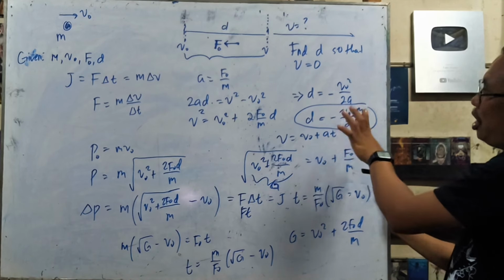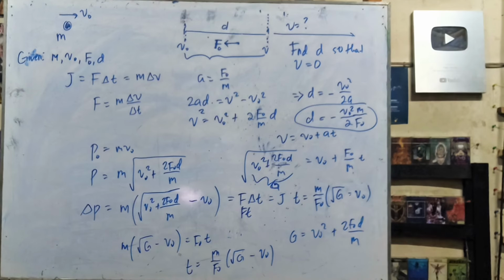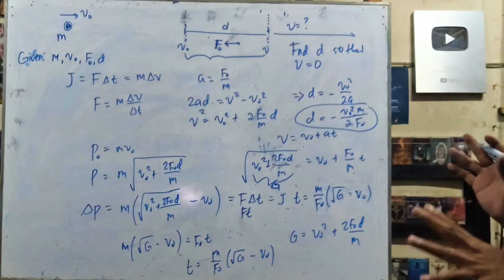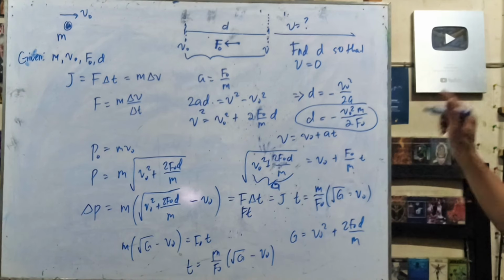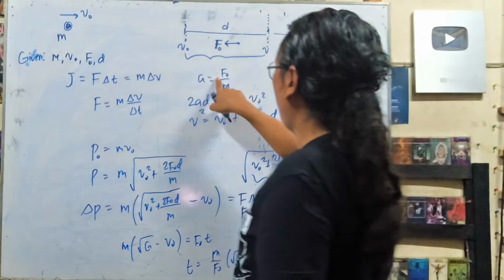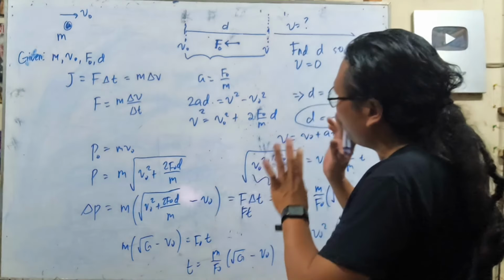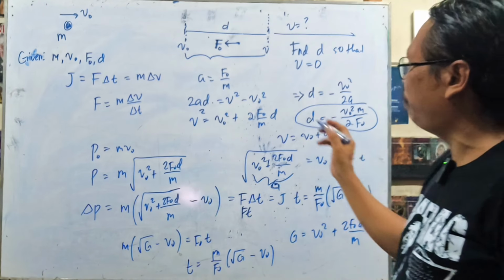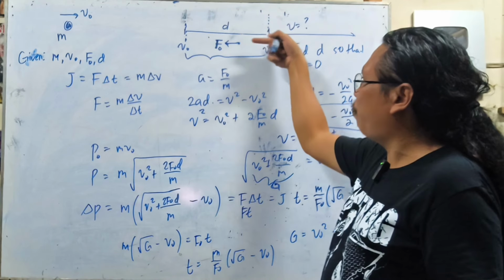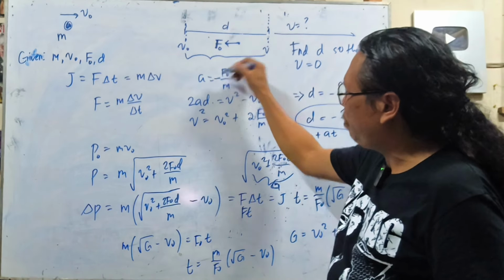As you can see, our acceleration, I forgot to put it here, is actually negative. Here I'm assuming the negative to be encoded, but if we want to emphasize the negative, such that the force is going there, we have to put a negative here.